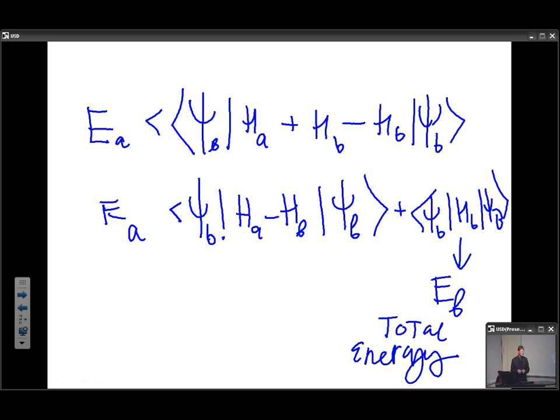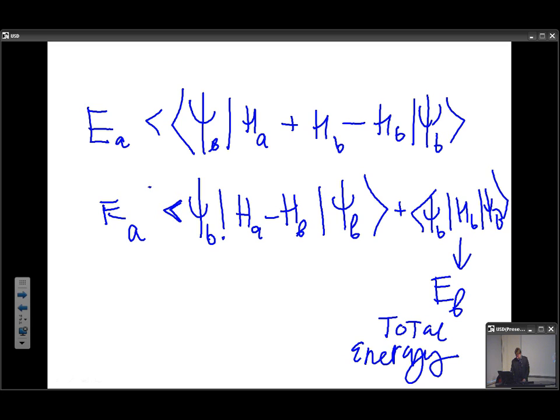Yes, we allow two simultaneous independent total energies, two streams of connections between density, potential, and energy. This is the total energy in the B stream, an alternative way of description.